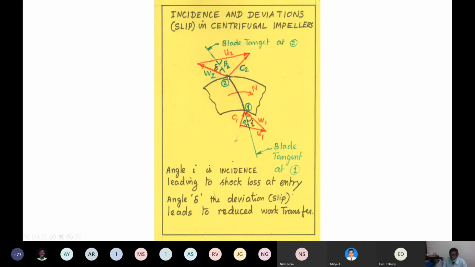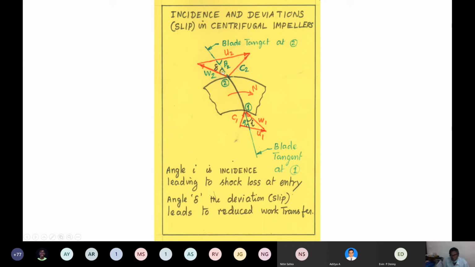Then if you look at 2, the velocity triangle is drawn. The blade tangent at 2 is also indicated. You find that W2 is not along the blade tangent. The angle between the blade tangent and the direction of W2 is called the deviation.